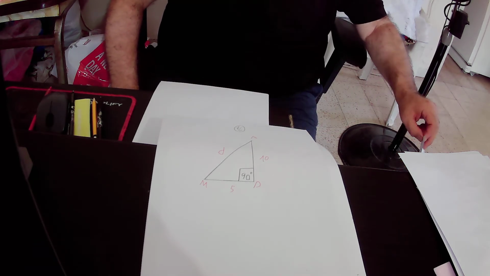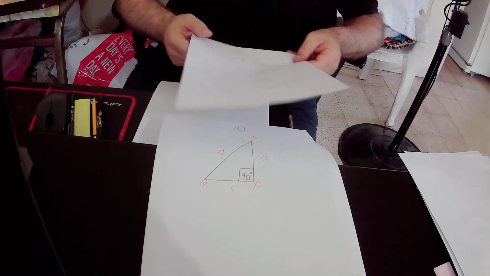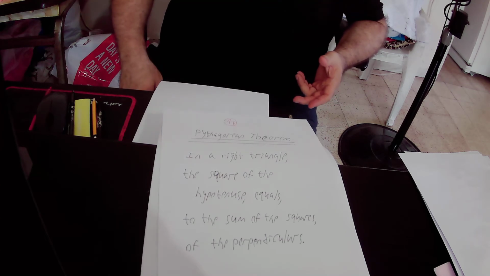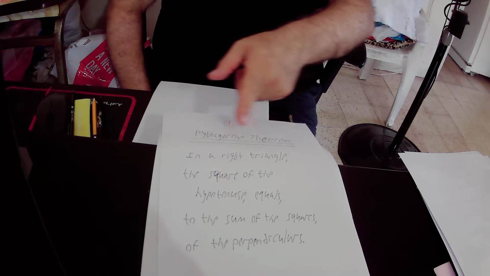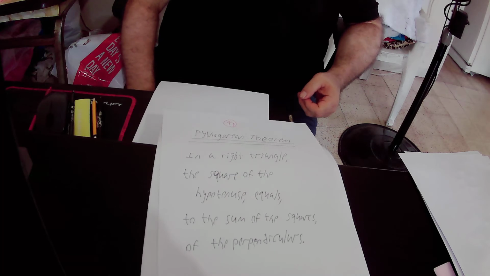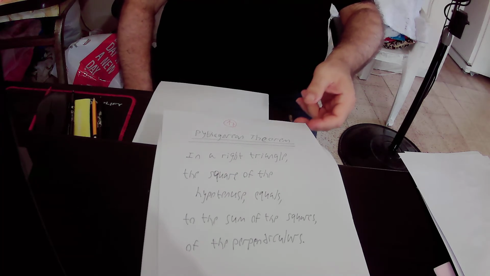In order to use the Pythagorean theorem, first I will present it. The Pythagorean theorem applies only to right triangles. In a right triangle, and only in a right triangle, the square of the hypotenuse equals the sum of the squares of the perpendiculars.